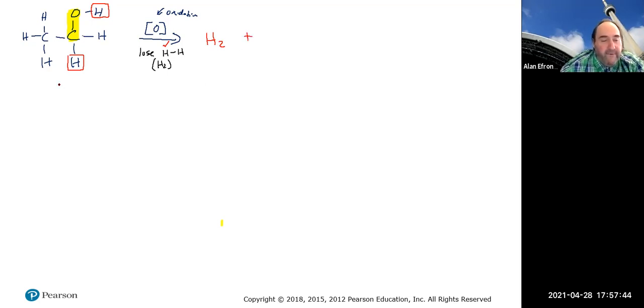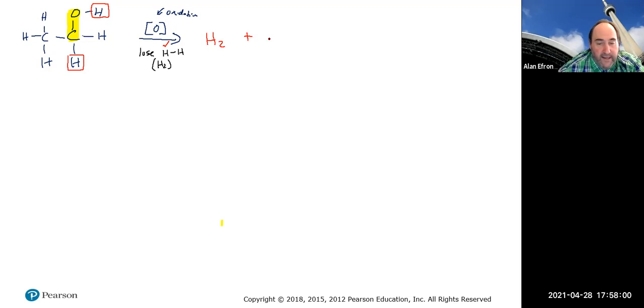And what are we left with? Making these reactions not super complicated, we really just draw everything that we have on the left-hand side. The only thing that we take out are the two hydrogens that we boxed.